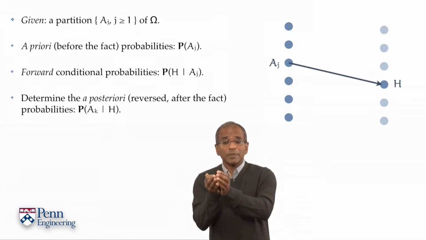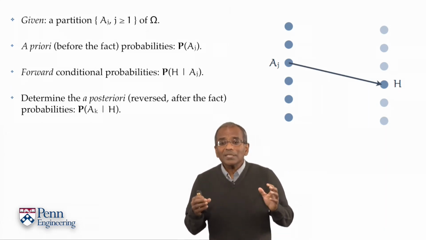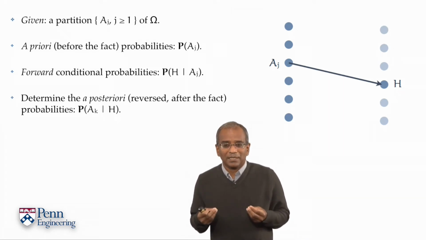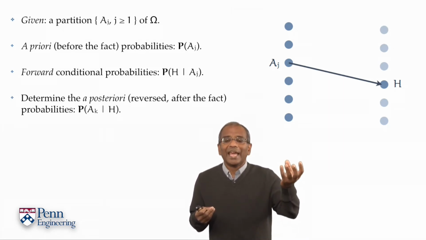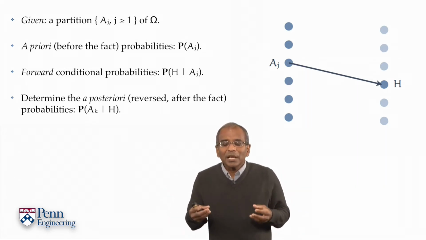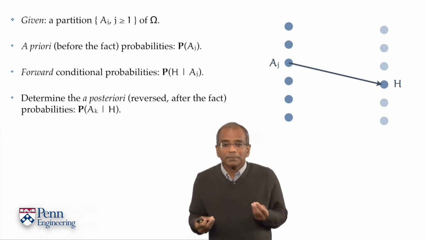Imagine again that we are transmitting a letter. We receive some letter, but the transmission medium is noisy. It is imperfect. So we receive a letter, let's say H. I don't necessarily mean the English letter H, but an event H representing some symbol that is obtained.